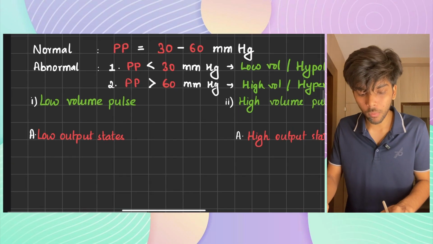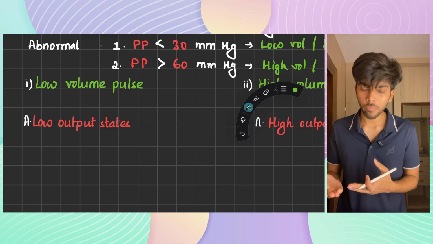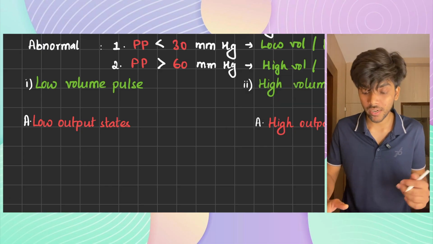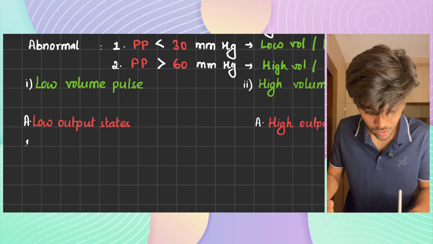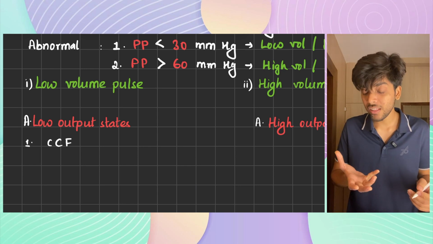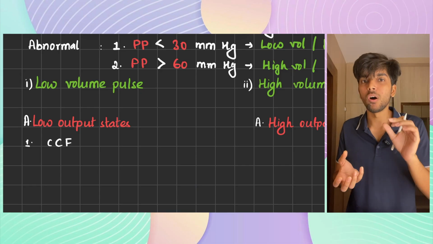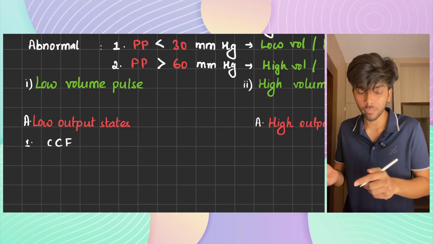First, low volume pulse. The cause of low volume pulse is low output state, and the low output states are number one, congestive cardiac failure. So if the heart fails to pump properly, it is unable to pump out enough volume of blood, so you get a low volume pulse.